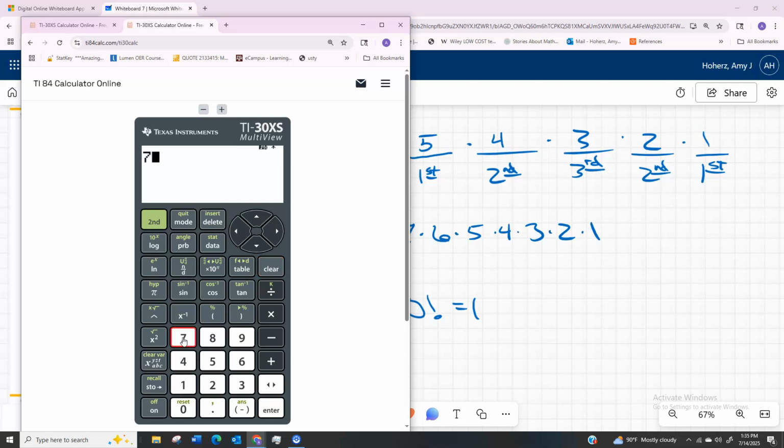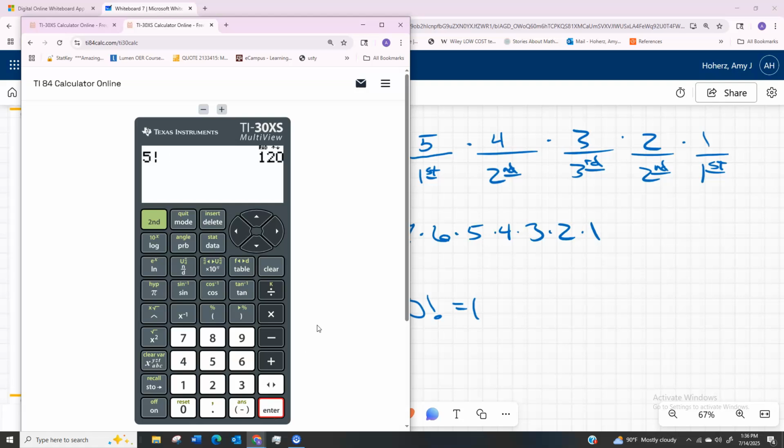We hit 7, then the PRB button, arrow down to the exclamation point, or we could push 3, but I like to arrow down. Enter, and then enter again, and we get 5,040. If we wanted to do 5 factorial, 5 PRB factorial is 120.